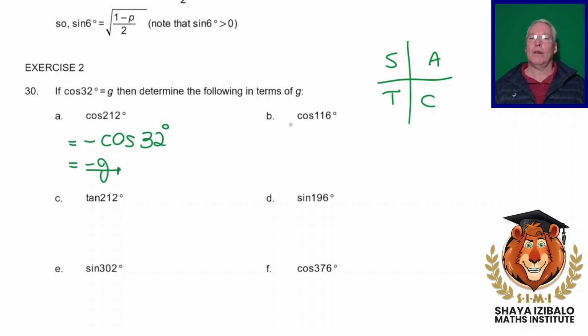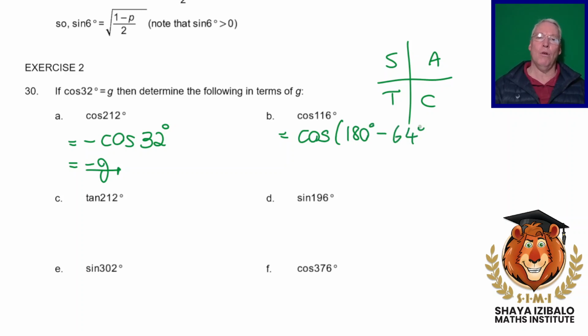The next one, cos 116. Now where is 116? Let's see where 116 is. 116 is actually 64 degrees away from a horizontal axis. This is the same as cos of 180 minus 64. Now 64, you might say, what's important about 64? 64 is double 32.